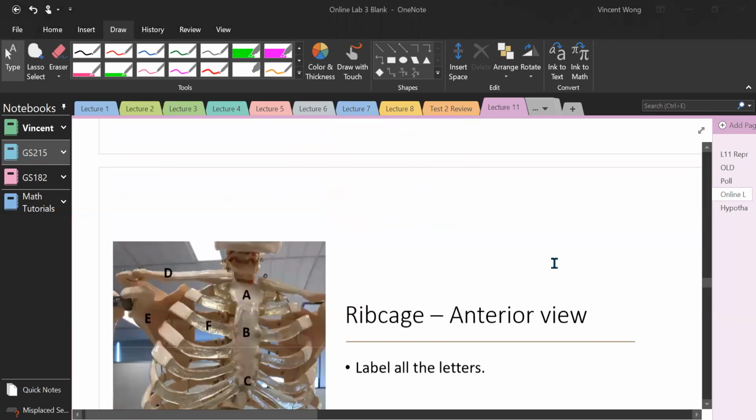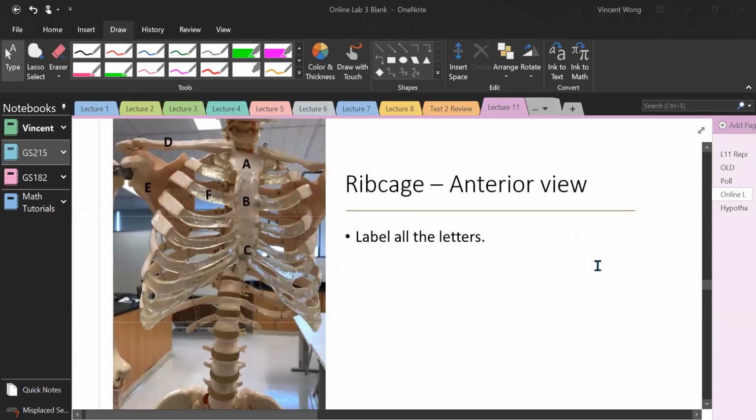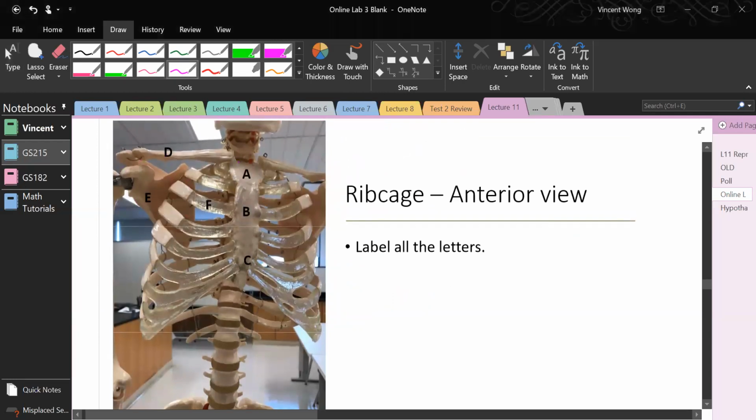Next, the rib cage. So right here, that whole thing is the sternum, right? We have the top part, which is the manubrium, followed by the body and the xiphoid process.